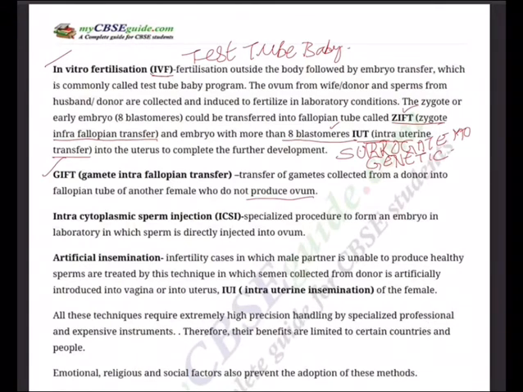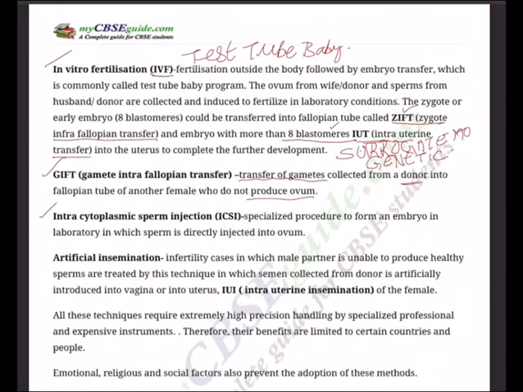In such a case, the couple can ask for donors to donate their ovum, and that donated ovum can be transferred. So here the biological mother is unable to produce even the functional ovum. For that also we have got a solution.